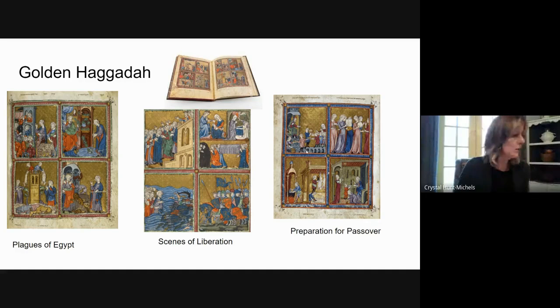And then down in the lower right, we have a family that is preparing the home for Passover. What you see is you have the women doing traditional cleaning. And then you have the man that is searching for the leaven and the other traditional and ceremonial objects that are used during Passover.